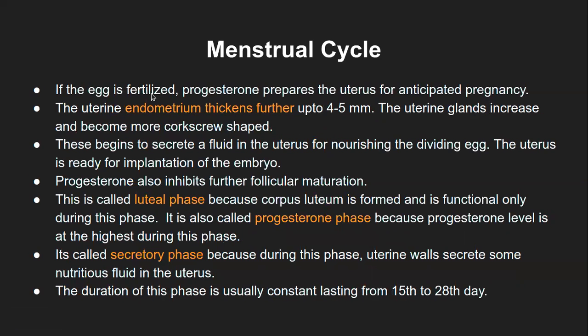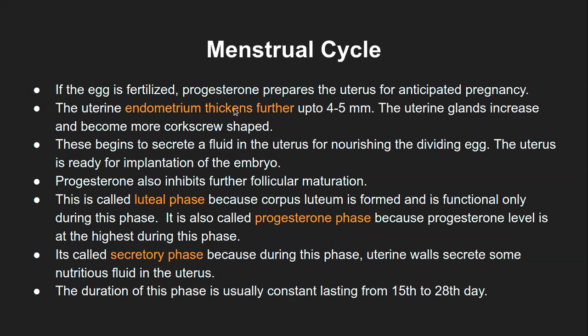Now if the egg is fertilized, what is the course of action that happens after the menstrual cycle? Progesterone prepares the uterus for anticipated pregnancy. That means progesterone and the cells of the uterus realize that there is a fertilized zygote, and they will prepare for the pregnancy period.